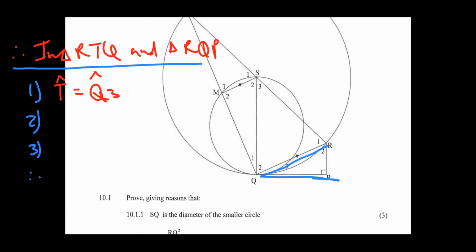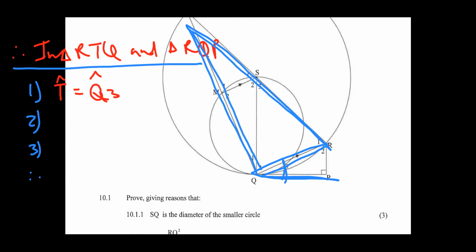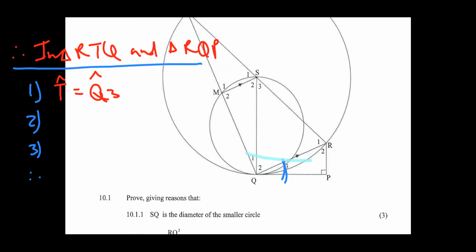Q3 is the angle between the tangent and the chord, and angle T is the one being subtended from the chord. So this is the tangent chord theorem. Can you see that I wrote both angle T and angle Q in the middle? So they are proportionate in the naming of the triangles as well.